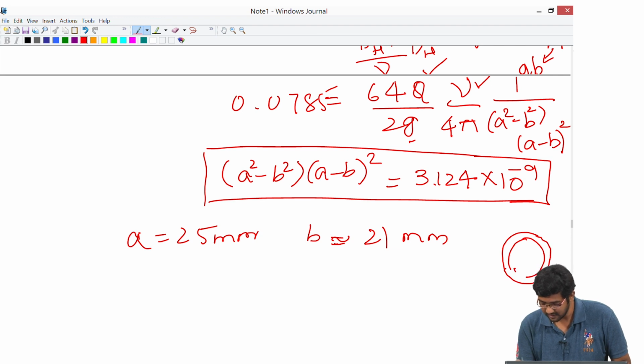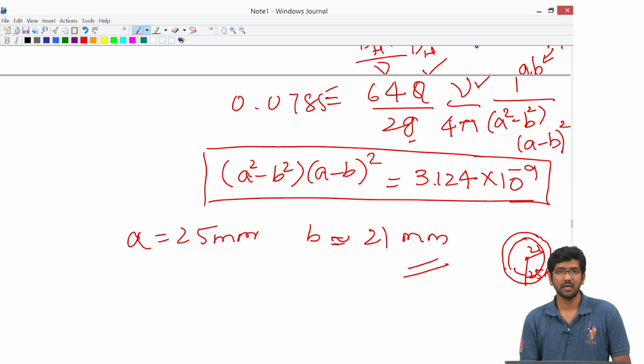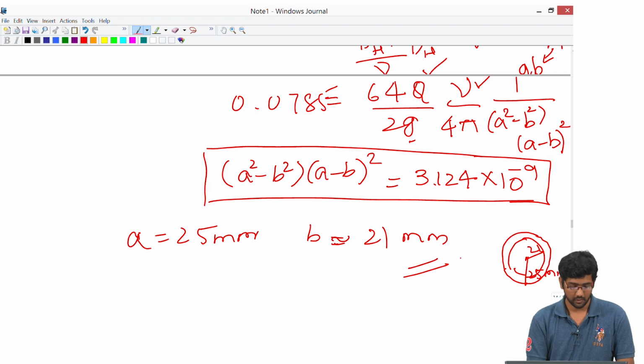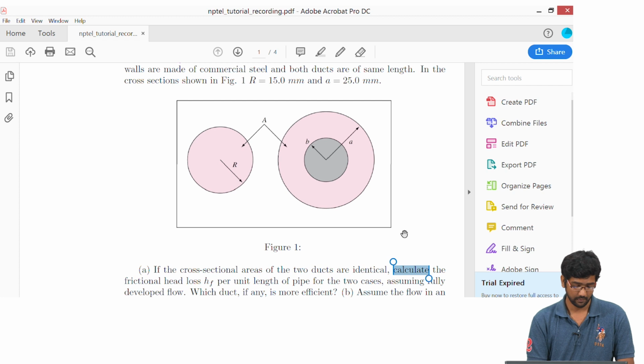You can just see this is 21 mm and this is 25 mm. So, this should be the annular parameter that one should use to get the head loss same as that of a circular pipe. So, this is about this question.